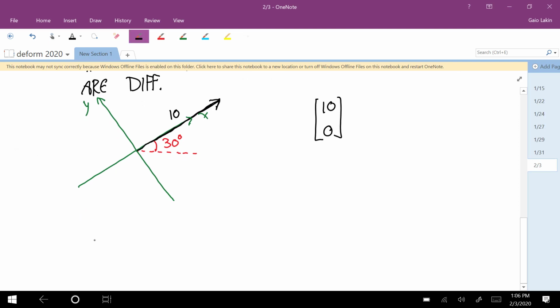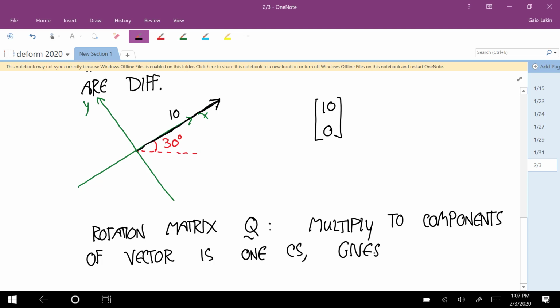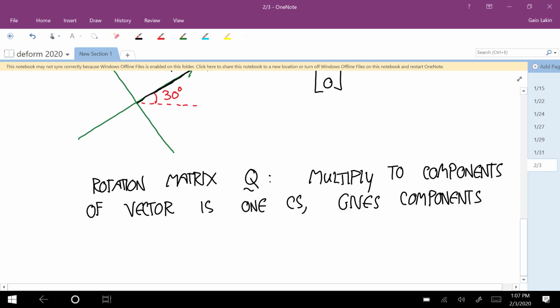But a rotation matrix, and I'm going to always call it Q, and I can't remember what Q stands for, but it's a matrix Q, is a matrix that you multiply to the components of a vector in one coordinate system, and after you multiply it, it gives the components of that same vector in a different coordinate system.